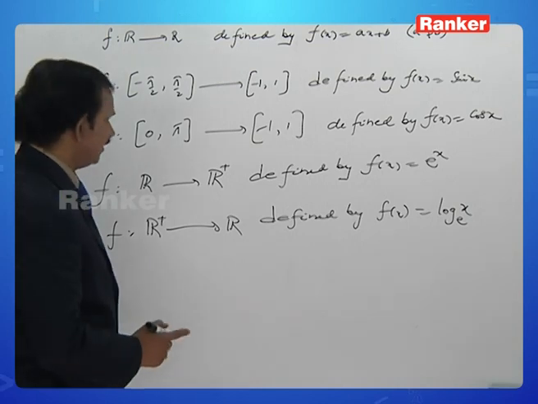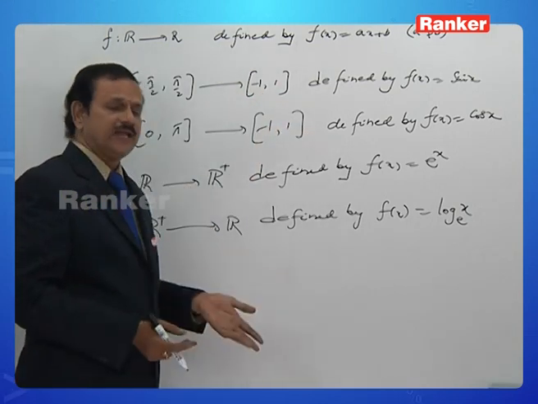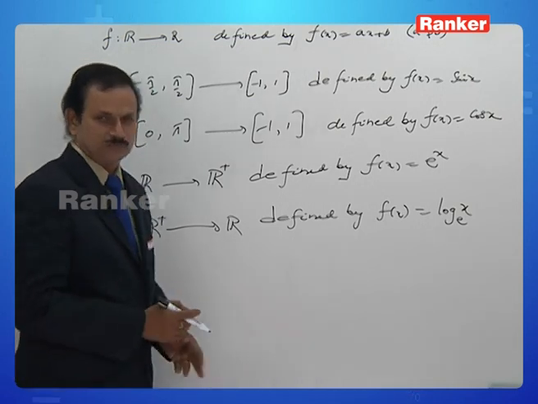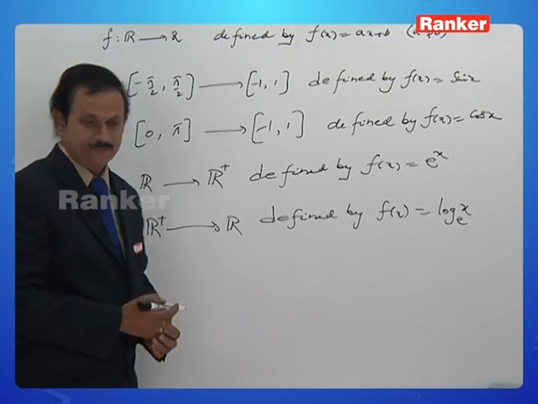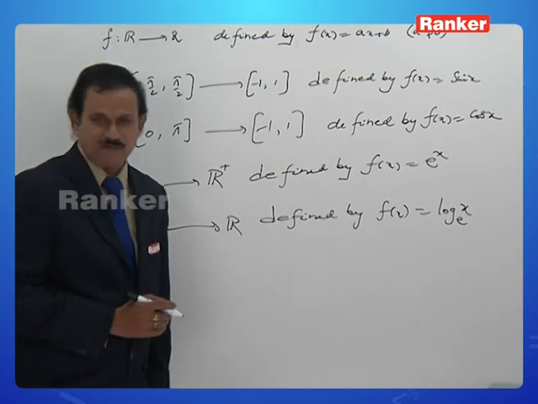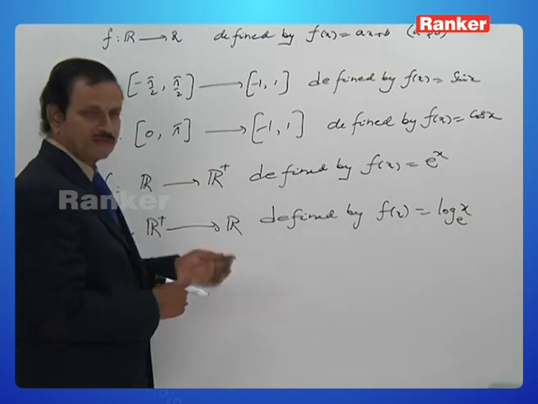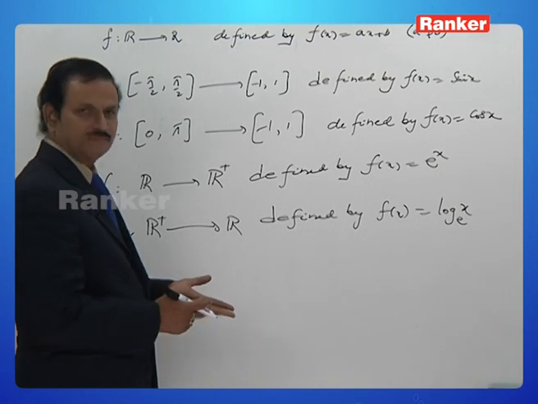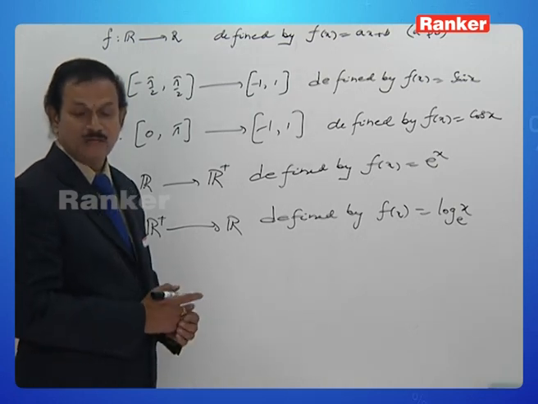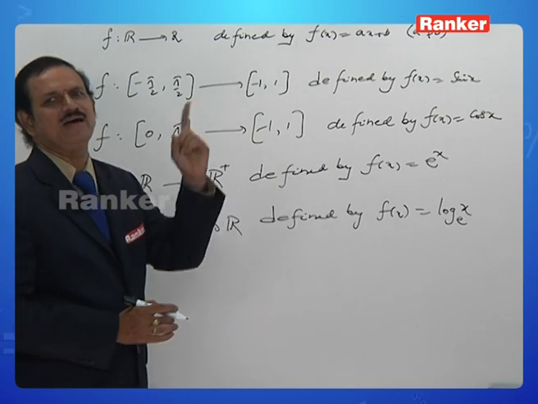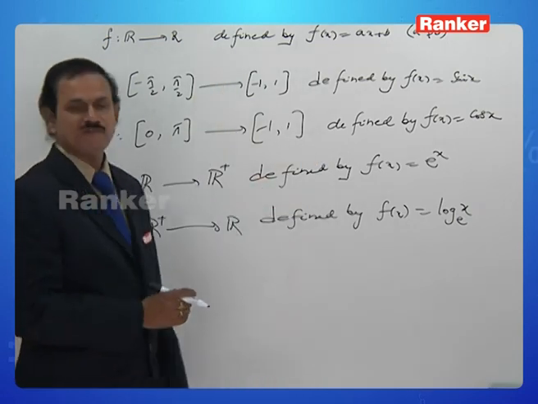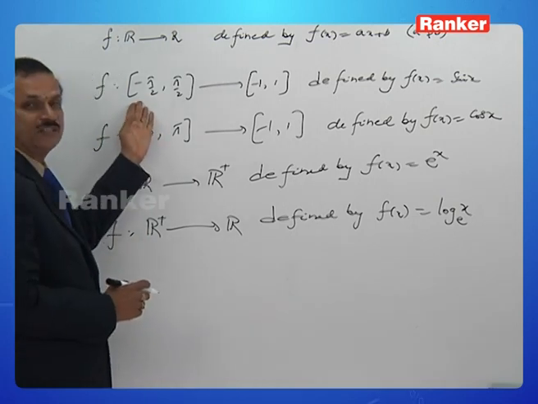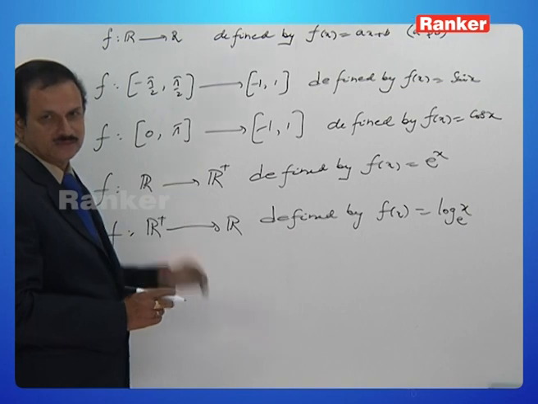You see, not only sin x and cos x, but tan x, secant x, cosecant x can also be made bijections, of course, by restricting domain and range. For the function f(x) = sin x, this is not the particular domain. For any real number, you can define sin x. But to make f(x) = sin x a bijection, we have restricted the domain and the range like this.